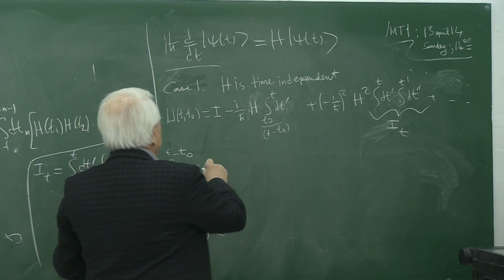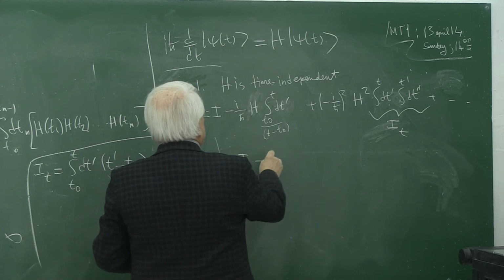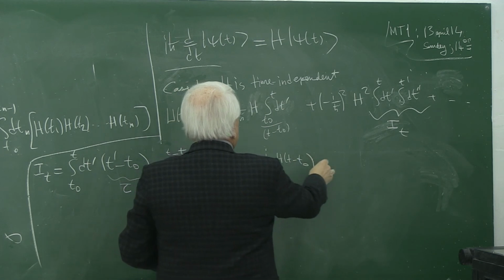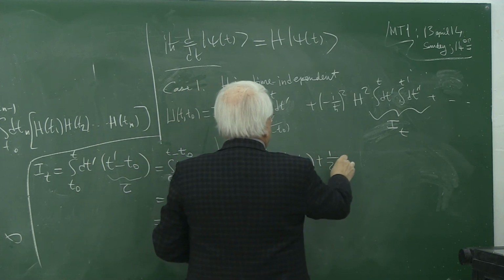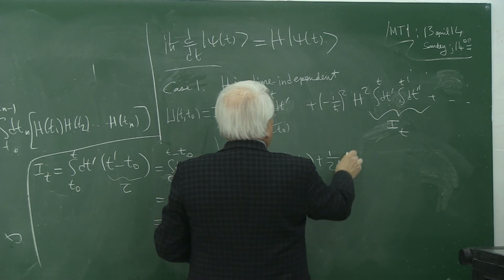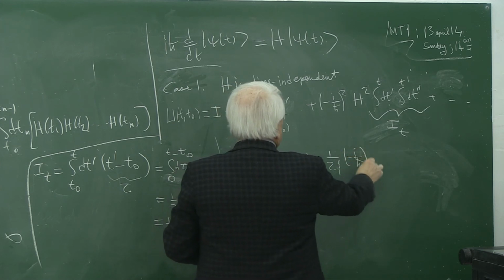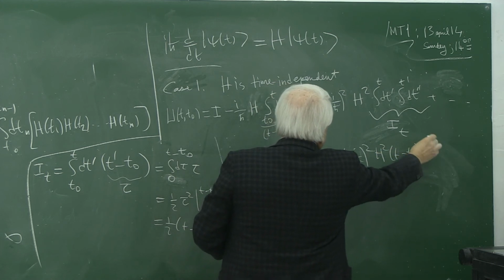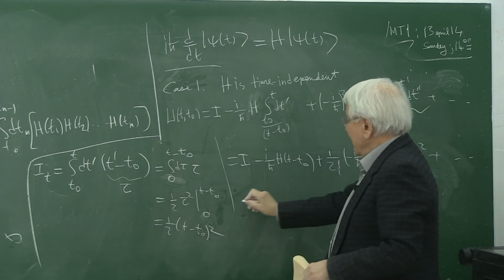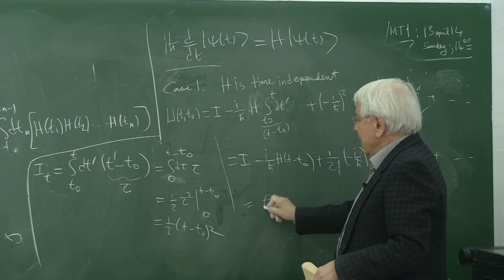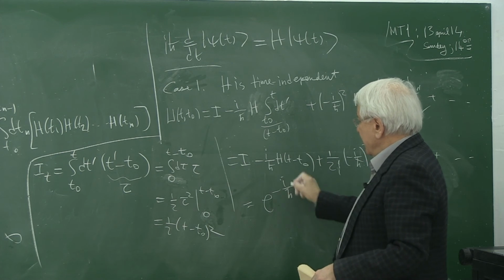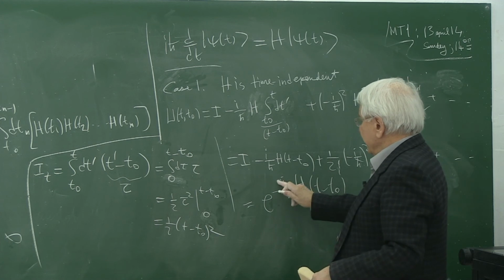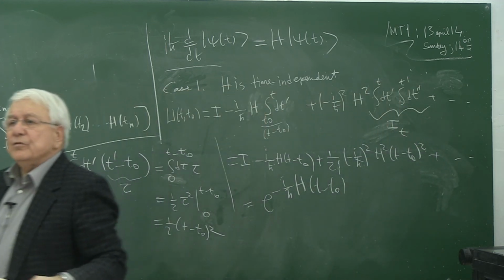So then the series goes like 1 minus i over h bar H (t minus t0) plus 1/2 factorial (minus i over h bar) squared H squared (t minus t0) squared, which you resum now, to exp of minus i over h bar H (t minus t0). It's exactly the same expression as we obtained by direct construction.